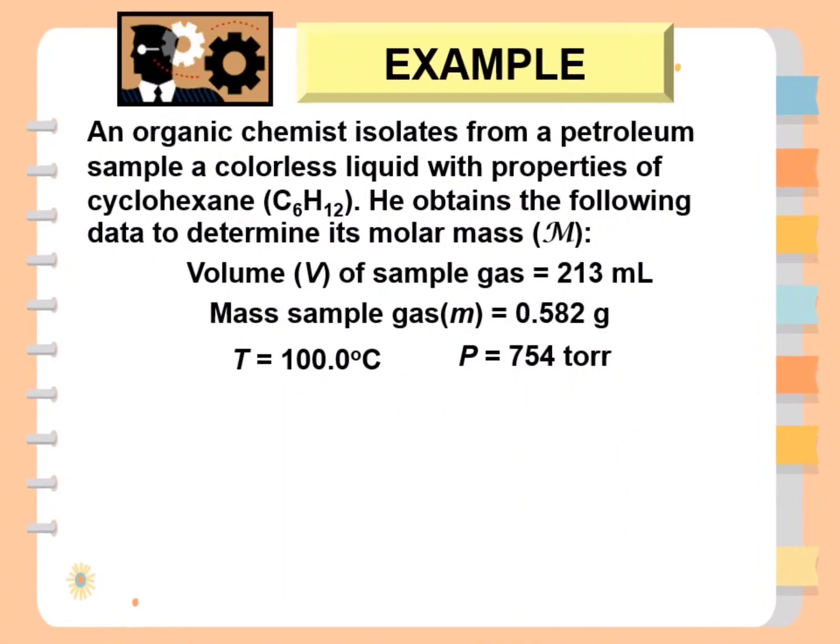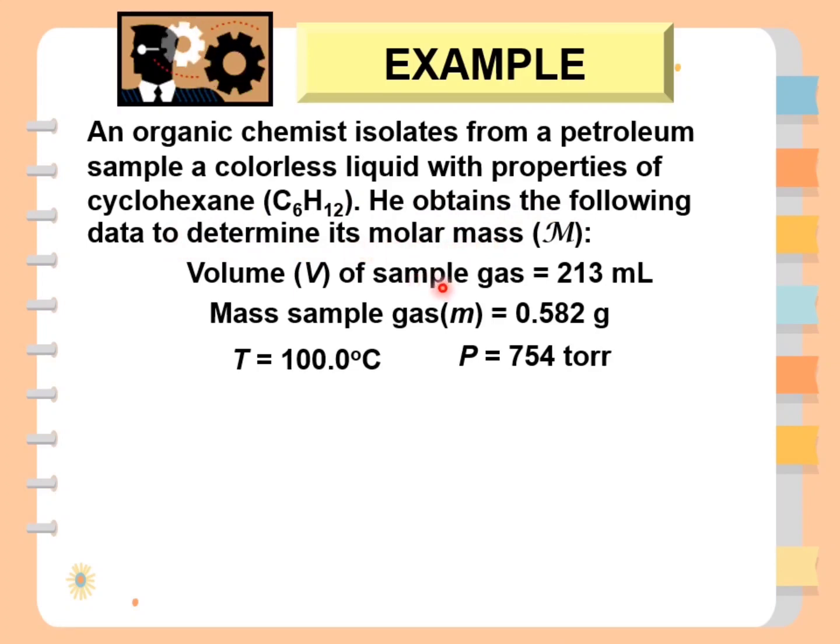And now we look at the example here. Okay, so as usual class, we need to read the question carefully and look at the information given in the question. Okay, an organic chemist isolate from a petroleum sample a colorless liquid with properties of cyclohexene. He obtains the following data to determine its molar mass.